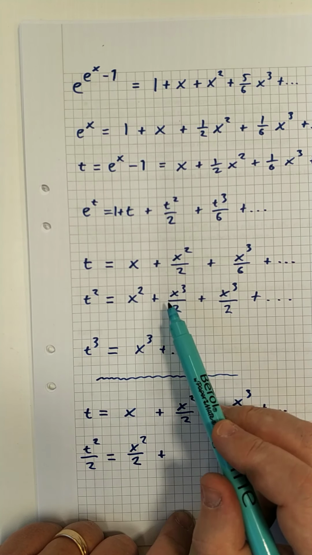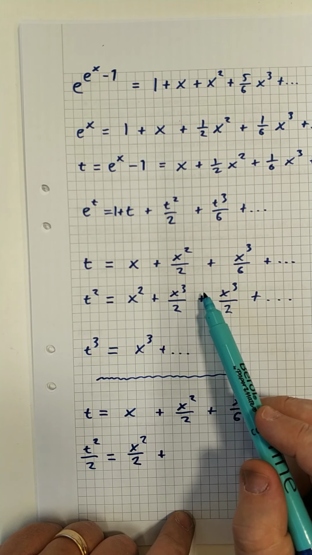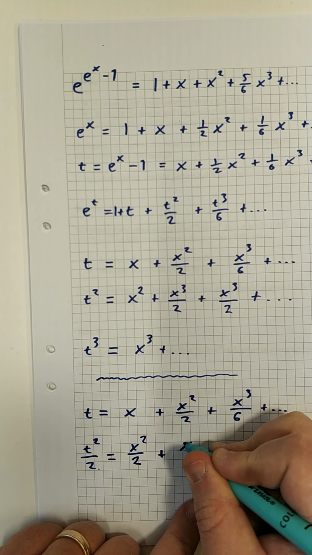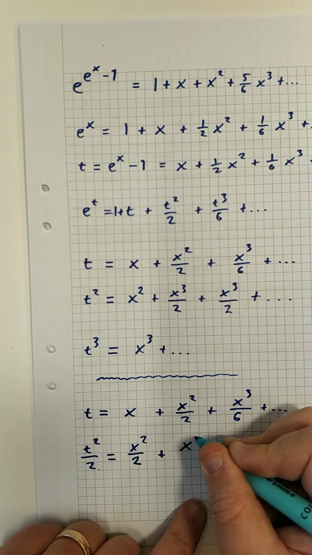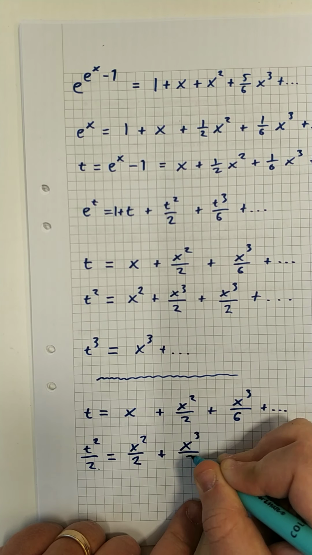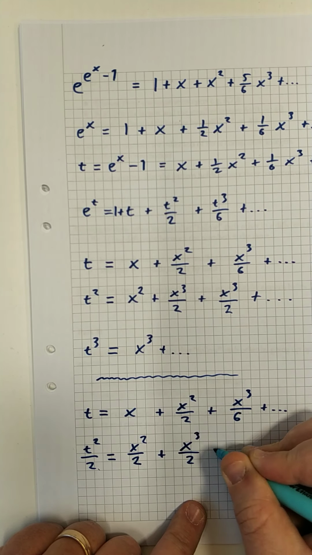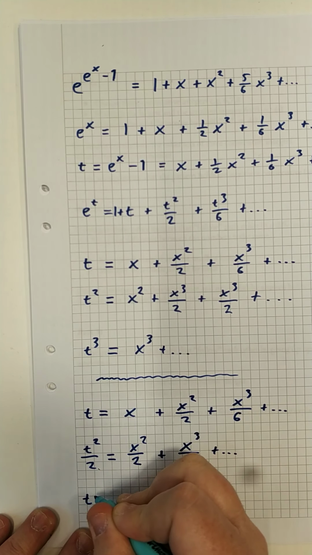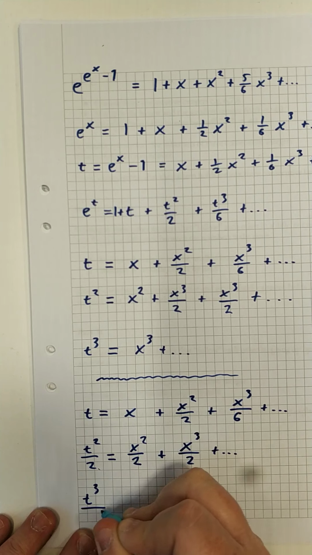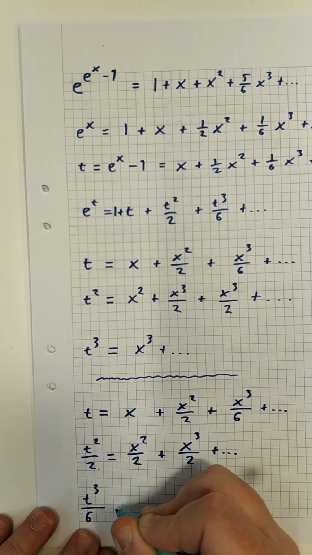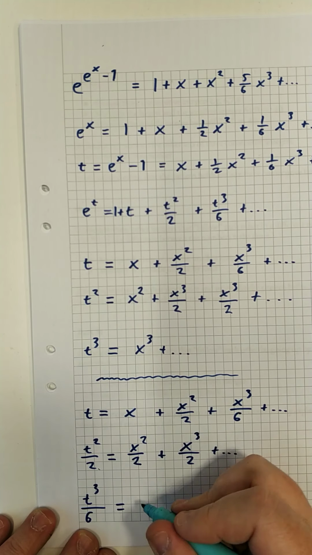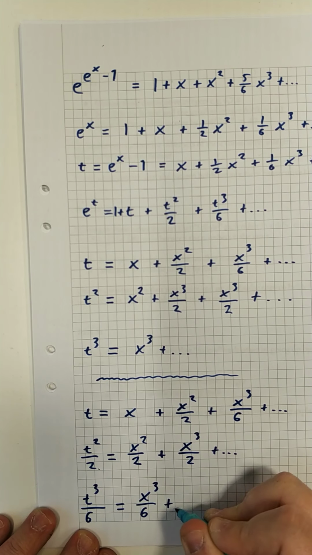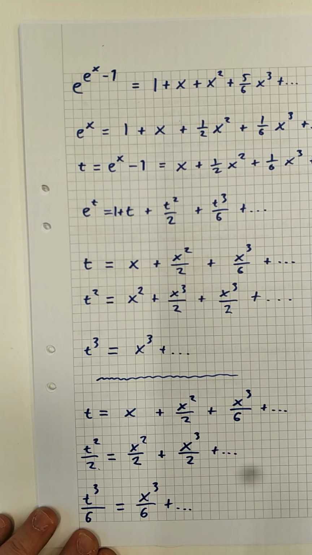That is to say, it will be simply x cubed. But here I'm dividing it by 2, so in the final version I'll get x cubed divided by 2, ignoring higher order terms. And the t cubed term is supposed to be divided by 6, and it's just then x cubed divided by 6, and higher order terms.